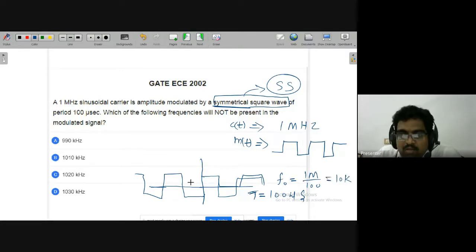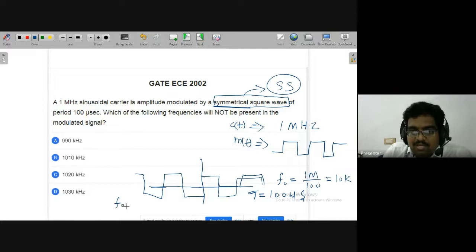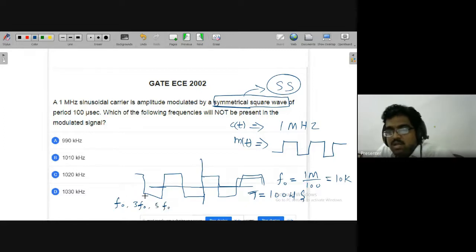The fundamental frequency is 10 kilohertz. Now, apart from the fundamental frequency, we also will have the odd components. That means apart from F0, as it is an odd signal, we will have F0 and then 3 times F0, 5 times F0. We will have all these frequencies.